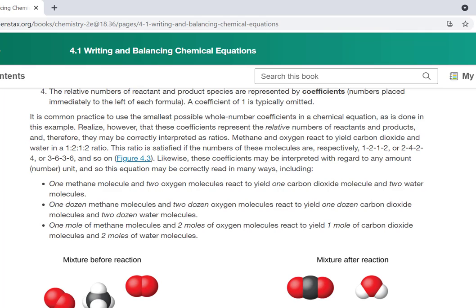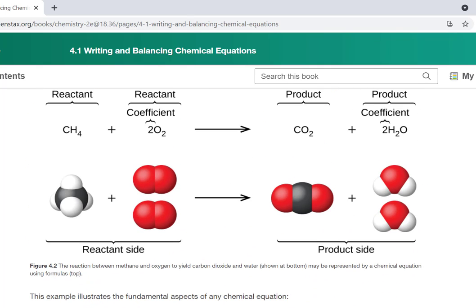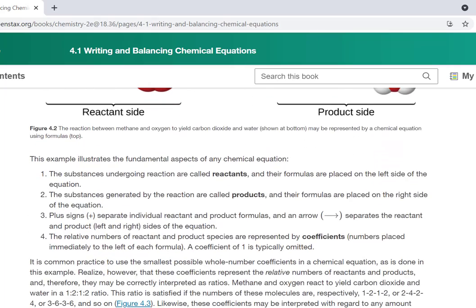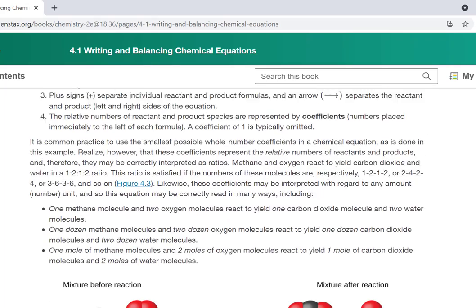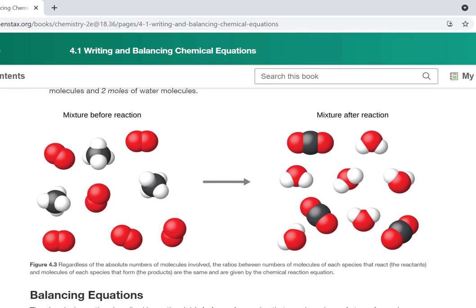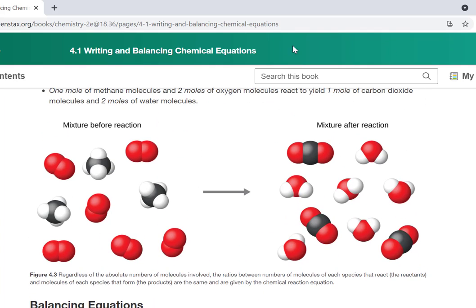In terms of looking at a pictorial representation, it's easier to do that with molecules than with moles, obviously. But how we will use this will be typically on the level of moles. And then we're showing again here what that reaction mixture would probably actually look like. So this is the first part of section 4.1, and we'll be moving on to the next part, which will be on balancing equations, shortly.